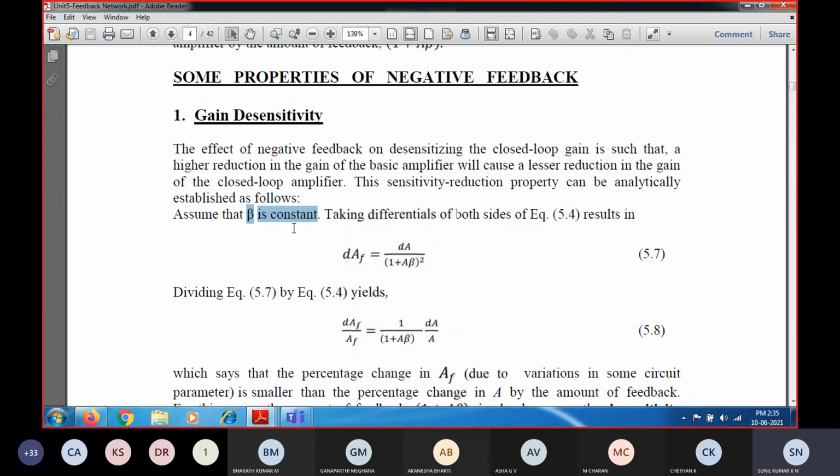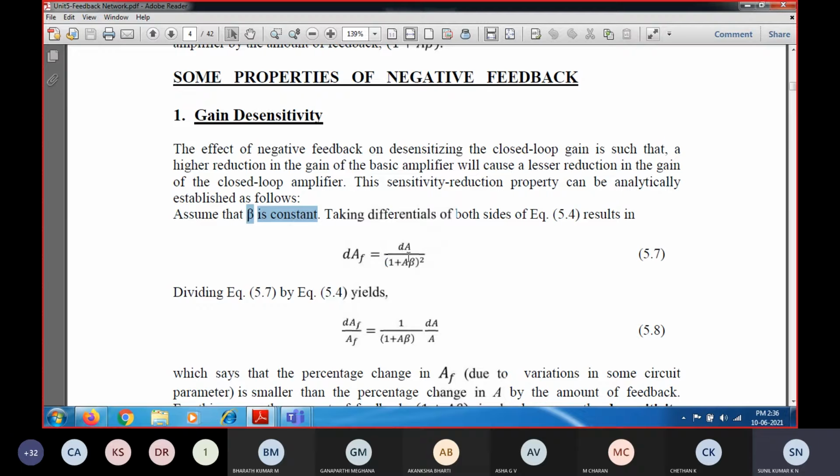Beta will be fixed because the feedback network comprises only passive components, and it is assumed that the feedback components are not affected. Even small changes in the amplifier will provide a difference in the output voltage, but the feedback network remains constant. Then when we take the differential on both sides, it means small changes will happen.